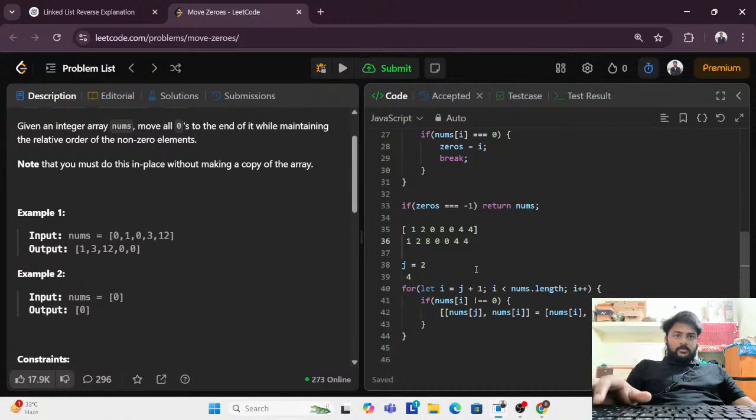Okay, so I guess I have to do j plus plus as well. Not every time, whenever I pass it, so it becomes 3. Right? Now 3 at the 0. Let's see if I found 0 somewhere.